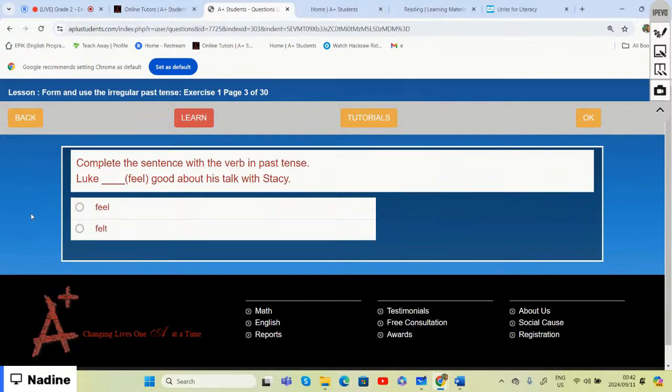Luke feel good about his talk with Stacy. Or do we say in the past, Luke felt good about his talk with Stacy? All right, yes. And if we were to identify the correct past tense form, then we will say Luke felt good about his talk with Stacy because felt is in the past tense.